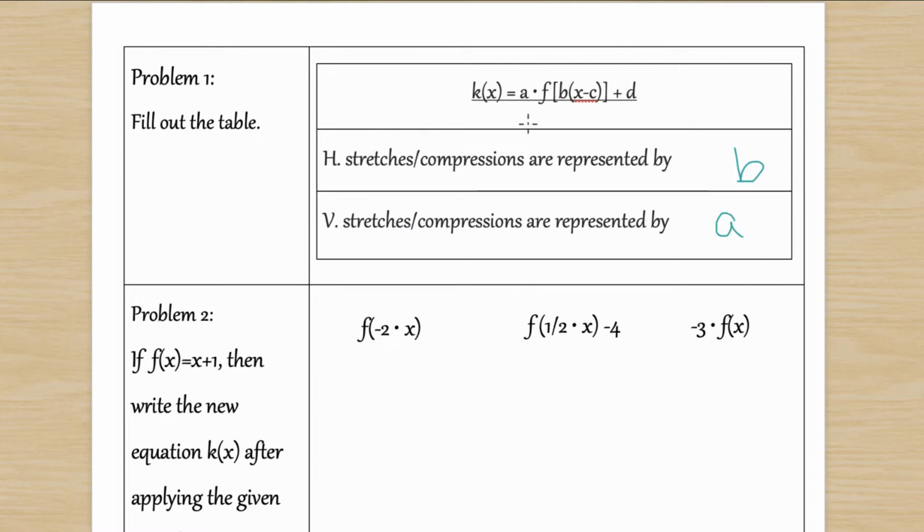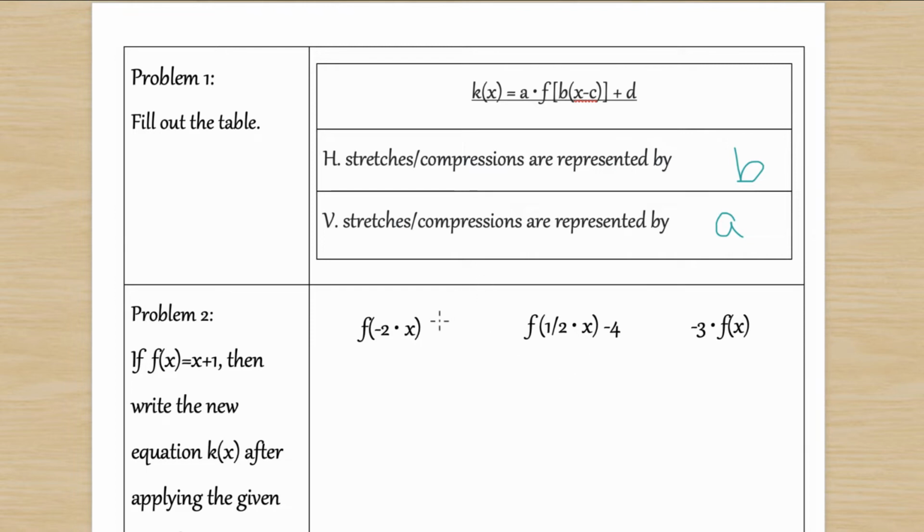So whenever you see a number being multiplied before the actual f of x function, that means it's a vertical stretch or compression. And whenever you see something right next to the x, that means it is a horizontal compression or stretch.